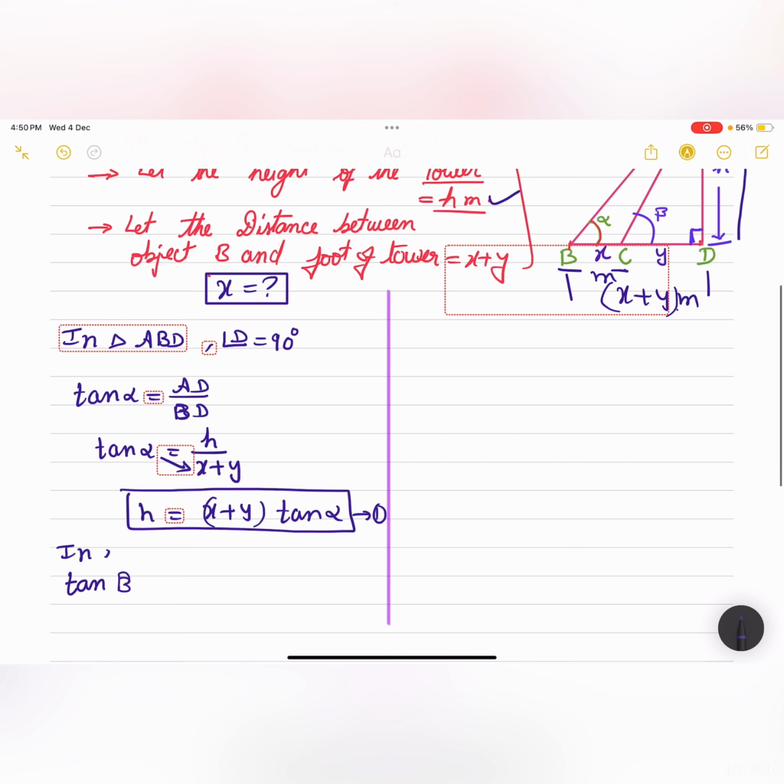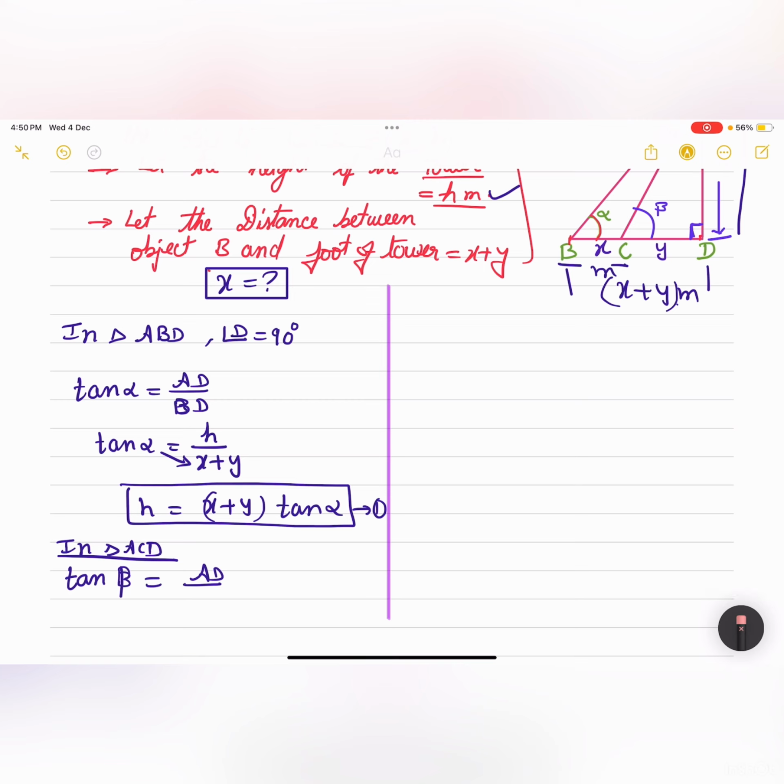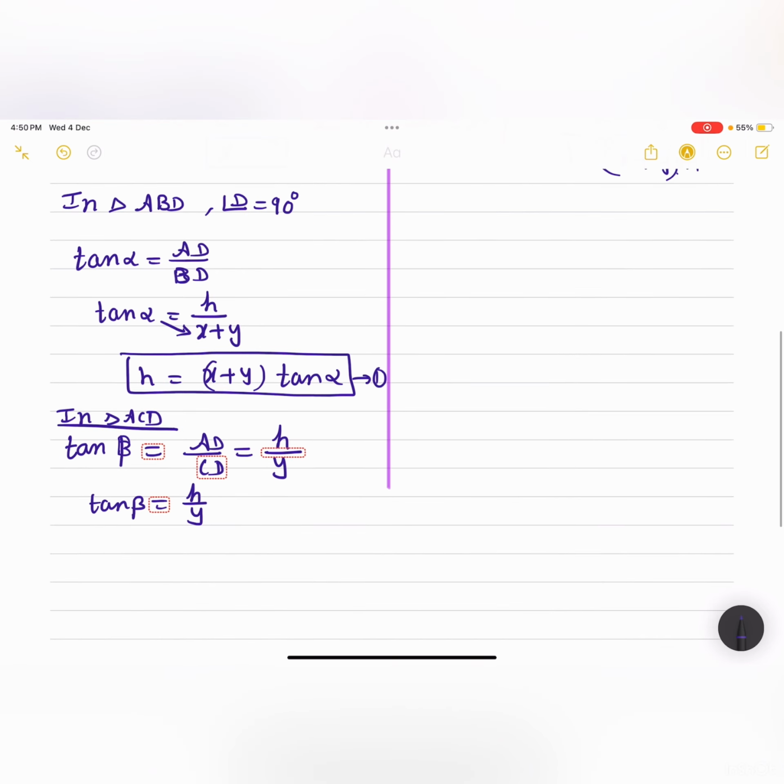In triangle ACD, again angle D is equal to 90 degrees, so tan beta is equal to opposite AD by CD. AD is nothing but h and CD is equal to y. So tan beta is equal to h by y. Now h will be equal to y into tan beta. Let me take this as equation 2.